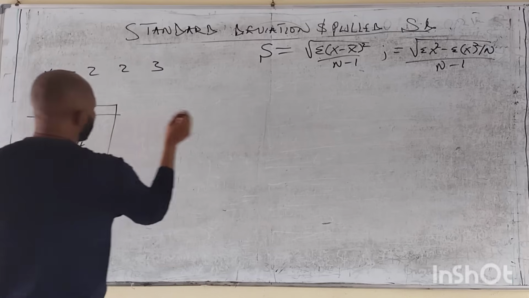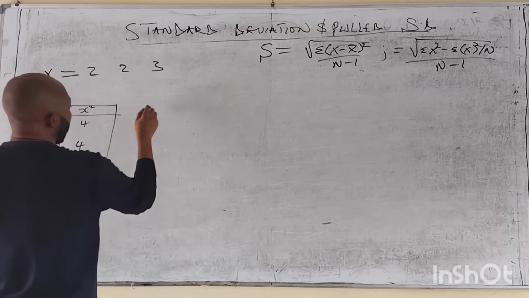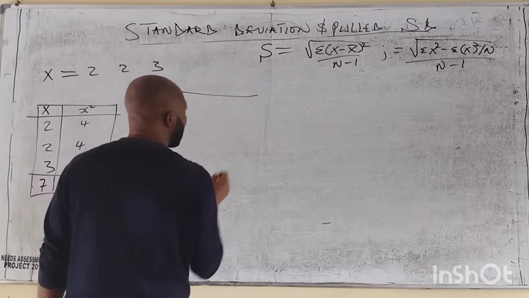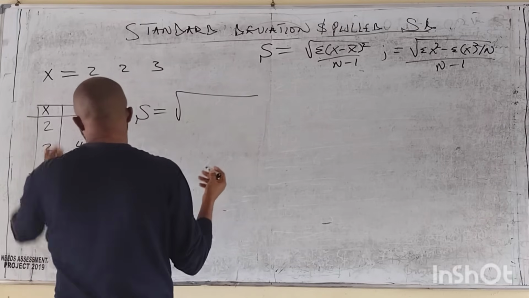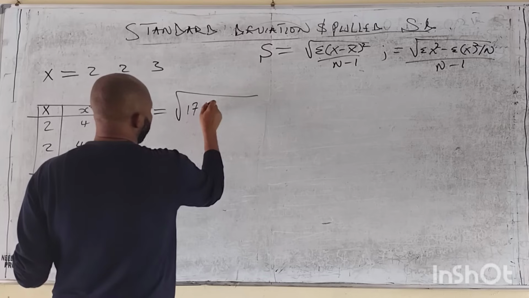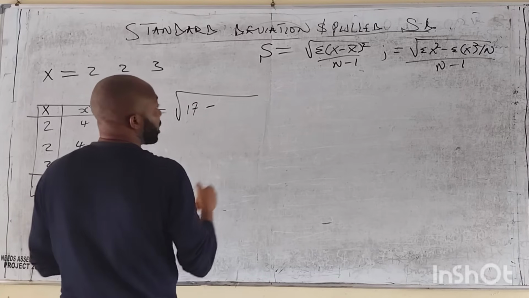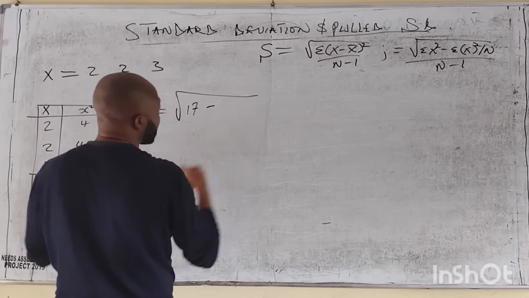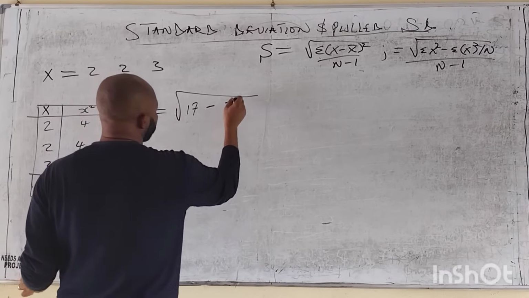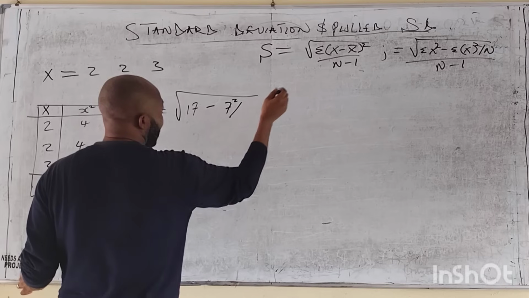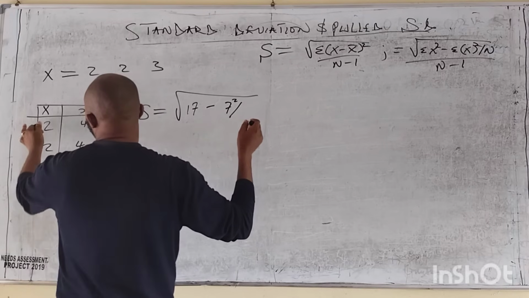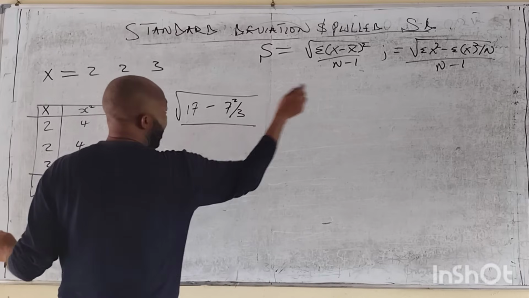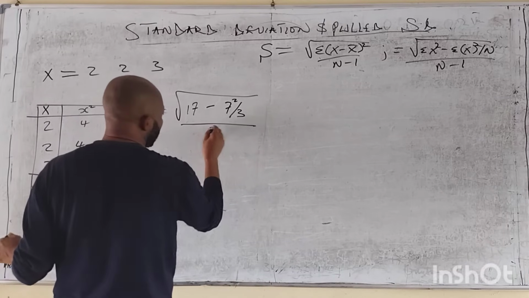So if we are substituting our variables inside, I will have s is equal to the root of the summation of x squared, which is 17, minus the summation of x, which is this, then square it, which is 7 squared over n, the number of degrees of freedom, 1, 2, 3, so 3, all over n minus 1, which is 3 minus 1, is 2.